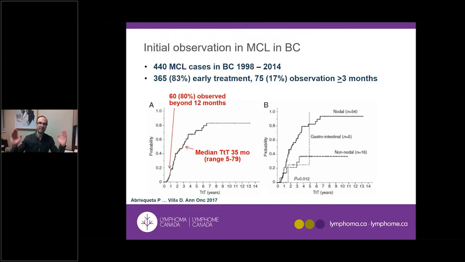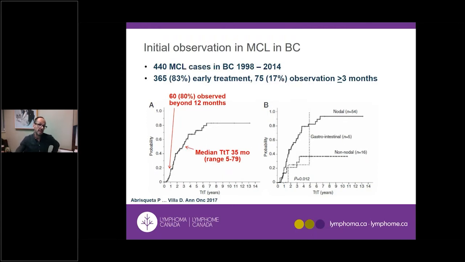So what that means is that if I'm going to observe 100 patients, at the 3-year mark, I have already had to treat 50 of those, and the other 50 can still go on to be observed. I cannot tell the individual patients who will do well and who will do worse, but at least it gives you a sense of how it might play out for a population.